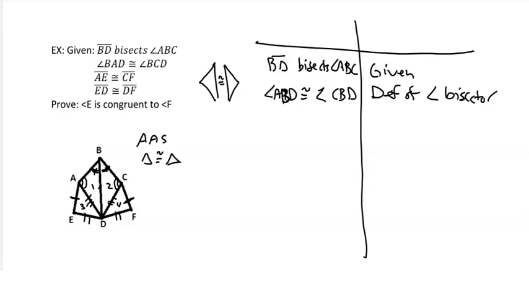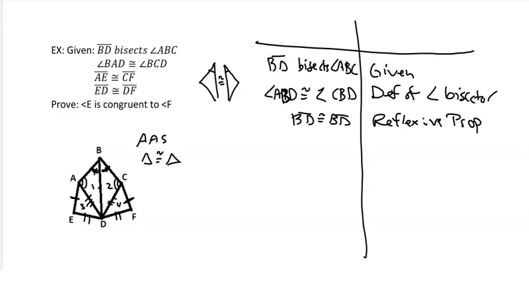Okay, what else did we have for those two triangles? We now know that this is congruent to that. Maybe let's do the reflexive property. BD is congruent to BD, reflexive prop.